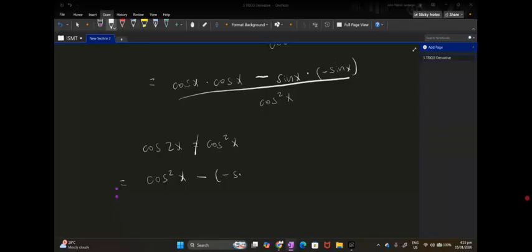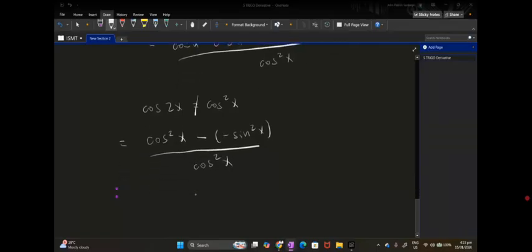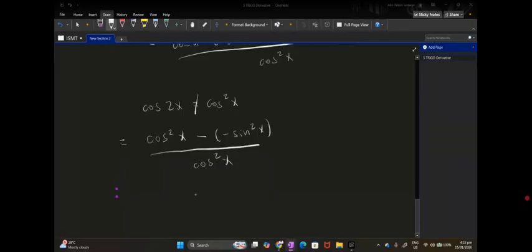Negative sine squared x all over cosine squared x. Ayan. Then, pwede natin i-distribute yung negative here, magiging positive siya, di ba? So, cosine squared x plus sine squared x all over cosine squared x.